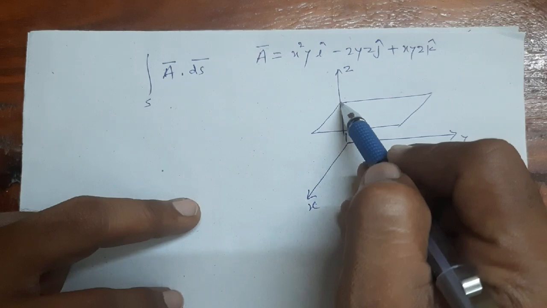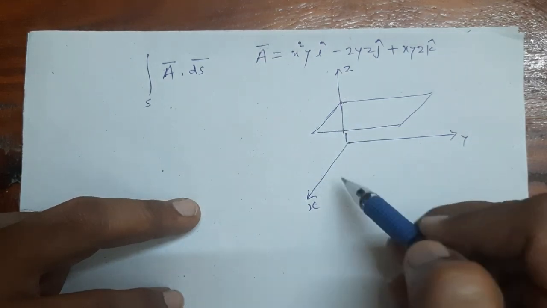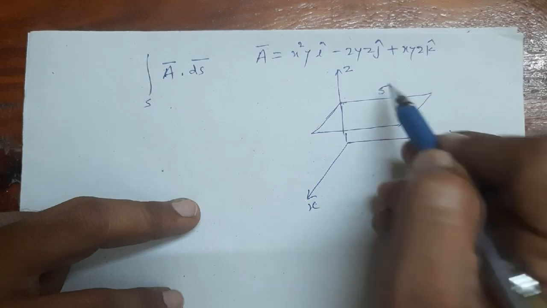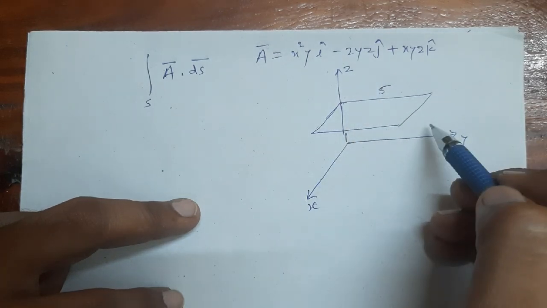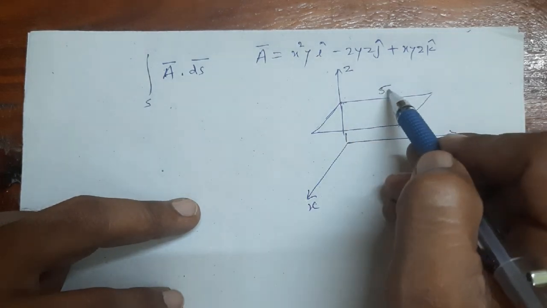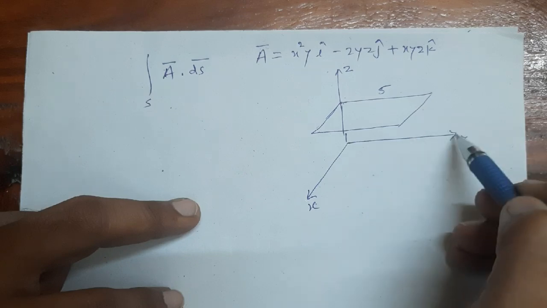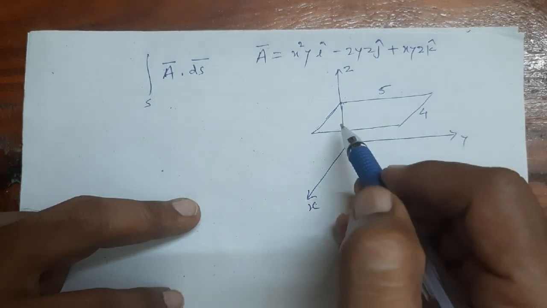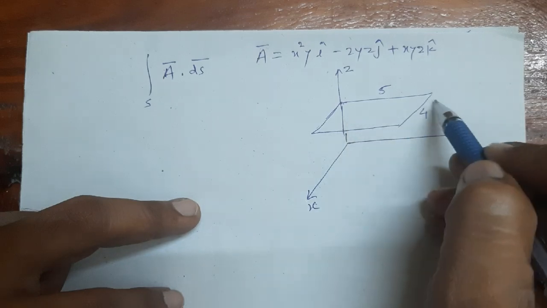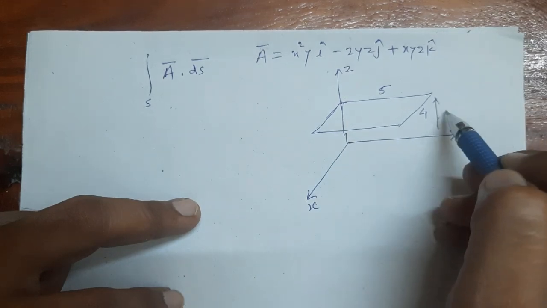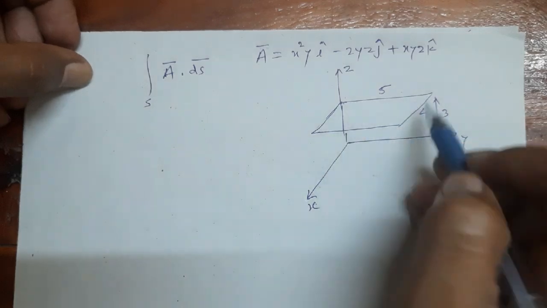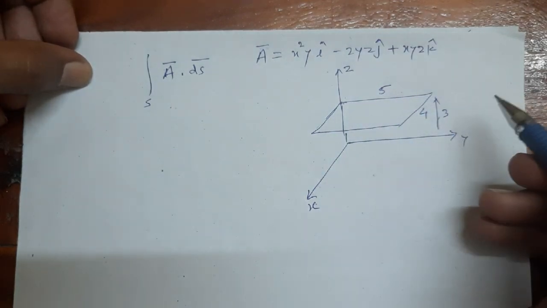Now the surface is parallel to xy axis, and along y axis its length is 5, therefore it is a rectangle parallel to xy axis with length 5 along y axis, breadth 4 along x axis, and it is at height of 3, say for example, above the xy plane. This is my surface over which I will have to integrate.